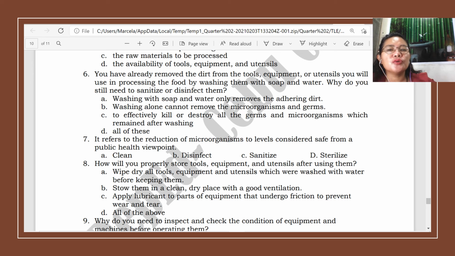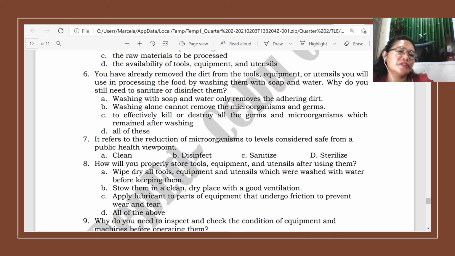Why do you still need to sanitize or disinfect them? Letter A. Washing with soap and water only removes the adhering dirt. Letter B. Washing alone cannot remove the microorganisms and germs. Letter C. To effectively kill or destroy all the germs and microorganisms which remain after washing. Letter D. All of the above.